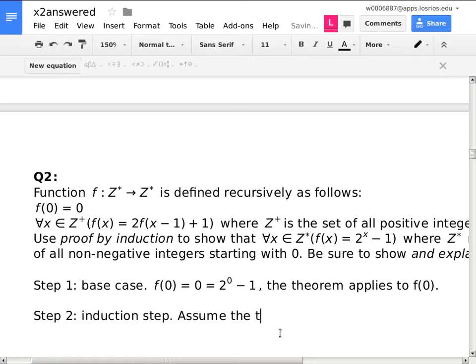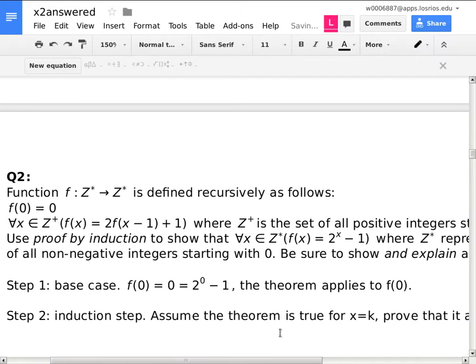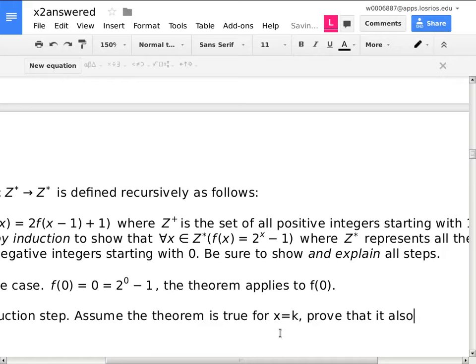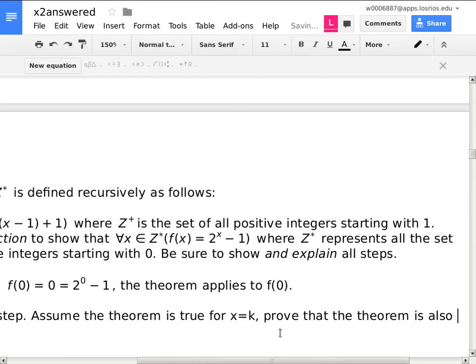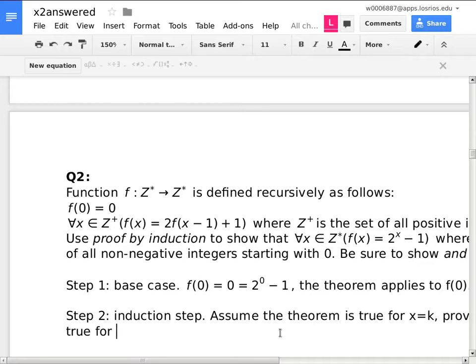Assume the theorem is true for x equals k. Prove that it also works. The theorem, let's make it very clear, is also true for x equals k plus 1. So that's the induction step.